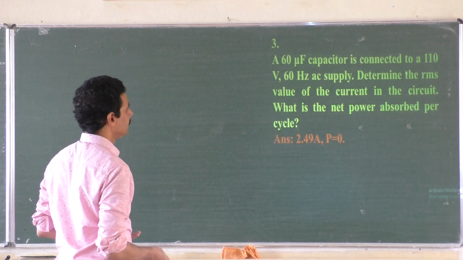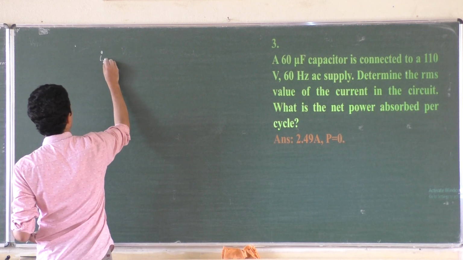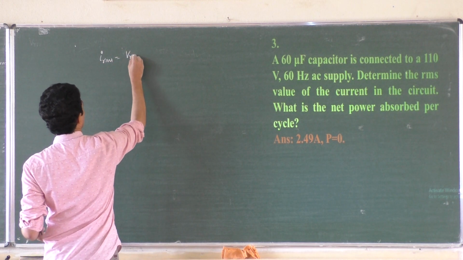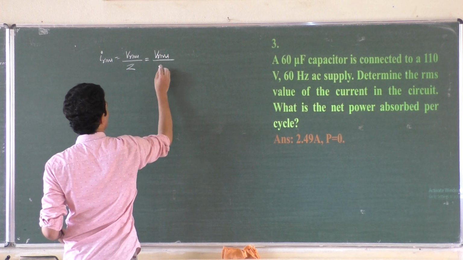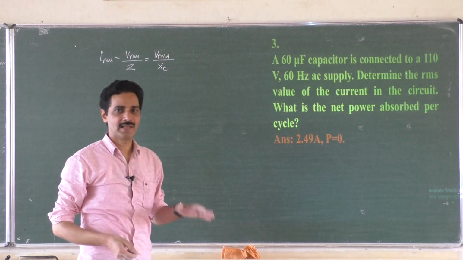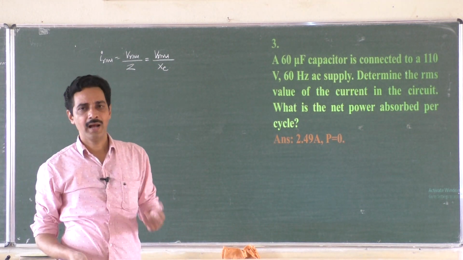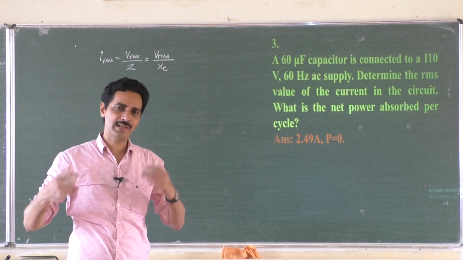Determine the RMS value of current. IRMS is VRMS divided by Z. But here VRMS divided by XC only, because Z is equal to root of R square plus XC minus XL whole square. Here R is 0, XL is 0. So root of XC square is XC only.